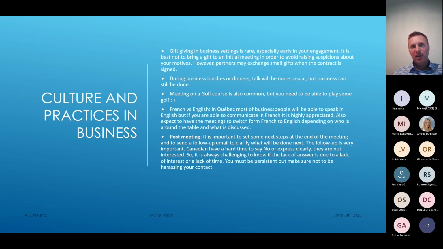They're pretty efficient, and people will come in, come out, and that can work. Dinner will come in a second time when you have created a more intimate relation with a partner, a client, or a supplier. It's not something you will do in a first meeting. Definitely not something you will do in a first meeting.